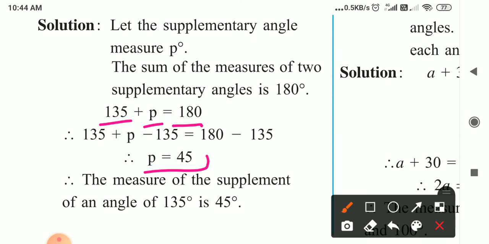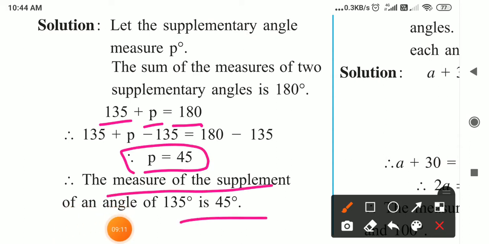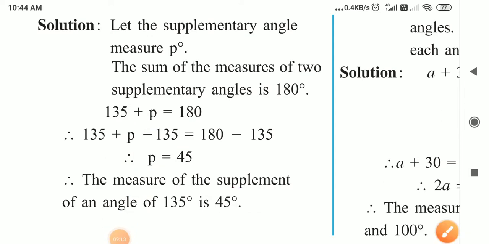The measure of the supplement of angle 135 is 45 degrees.